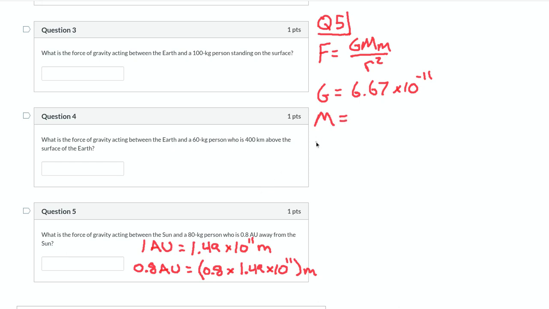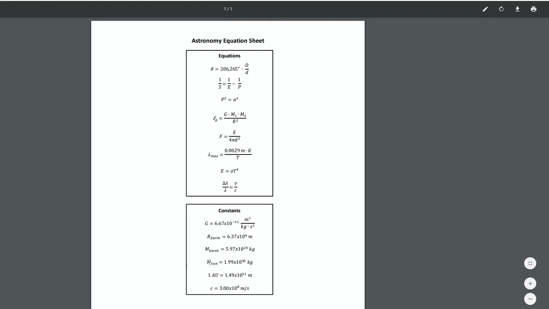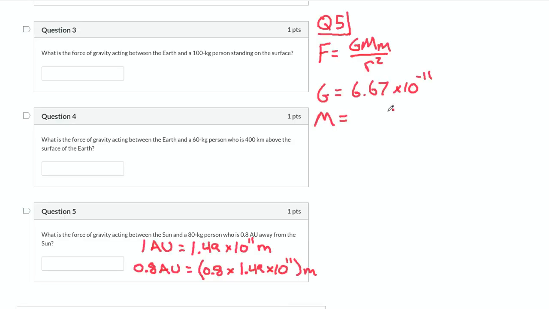Okay, the big mass is the mass of the sun. That's also on our equation sheet: 1.99 times 10 to the 30. All right, the little mass is now 80 kilograms.